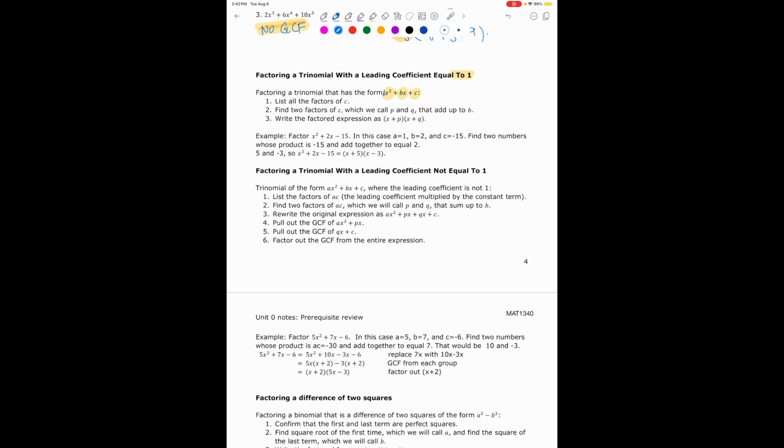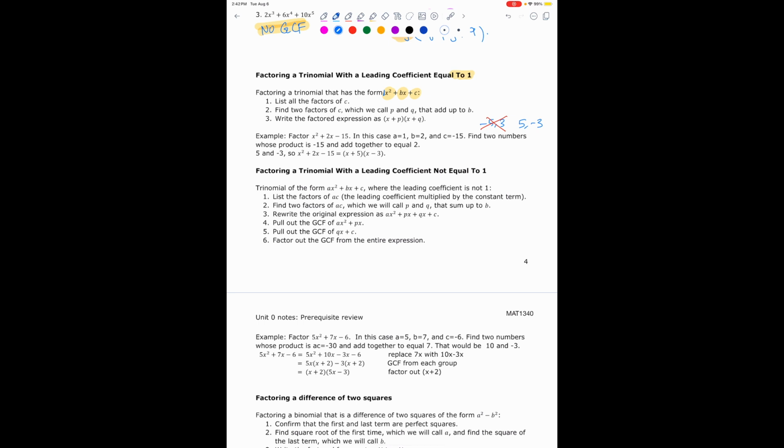So I'm thinking about 2 numbers here, negative 5 and 3. That is a possibility. However, because the middle term is positive, I know 5 cannot have the negative sign, because if we add these 2, the answer will be negative 2, and that is not the middle term. So it is not this option, it is the other option: 5 and negative 3.